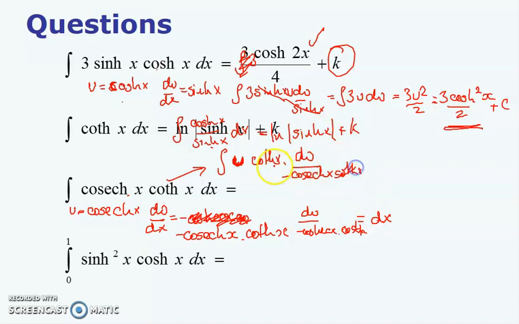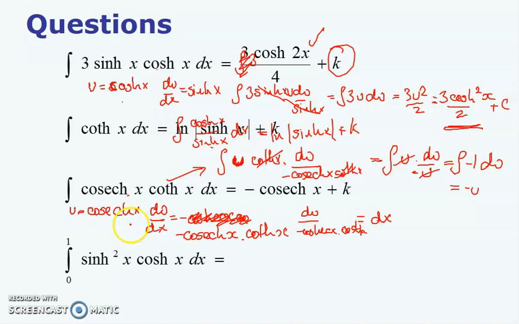And you can see straight away that the coth x's disappear, but don't forget that cosech is actually u. So even though I've written cosech x, I know cosech x is u. So this then becomes the integral of u, the coths have gone, u divided by u, minus u. So even they disappear, and I'm left with the integral of minus 1 du, which is just minus u. And u is cosech, so it should be minus cosech x plus a constant.